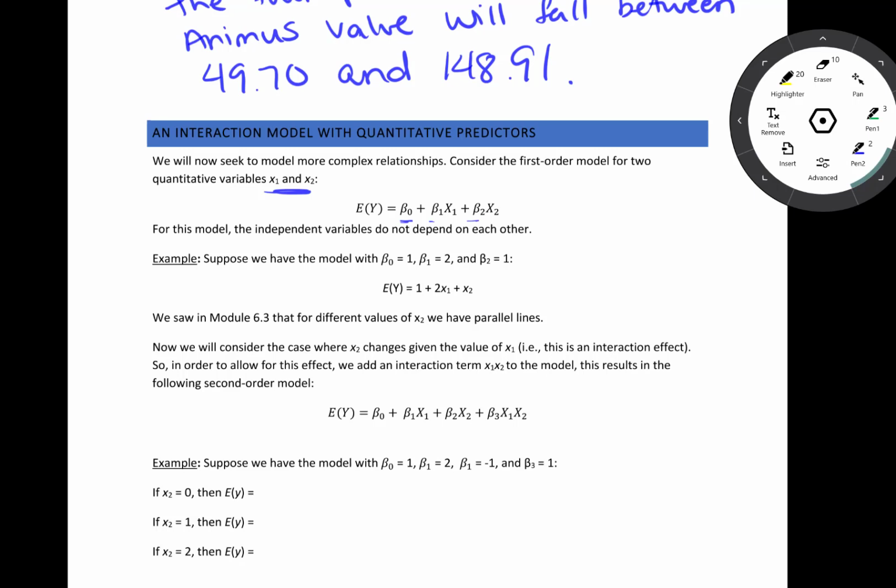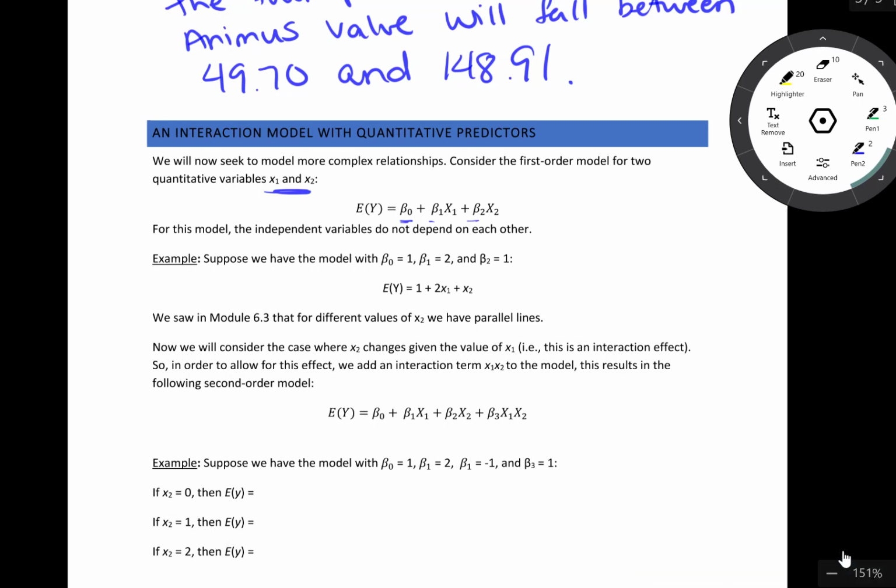What we're saying when they're independent is they don't depend on each other. So let's look at visually what this looks like. Suppose we have the model with beta 0 equal to 1, beta 1 equal to 2, and beta 2 equal to 1. I'm giving you the parameter values, so we're not estimating these based on data.